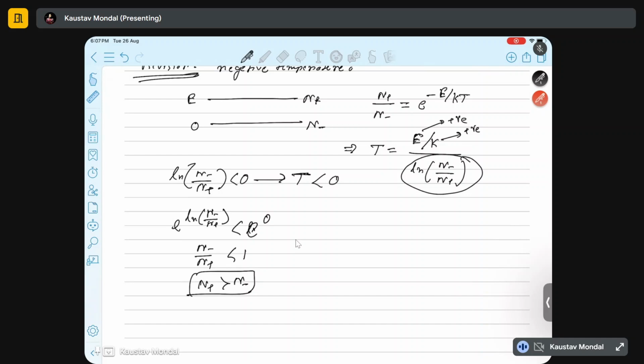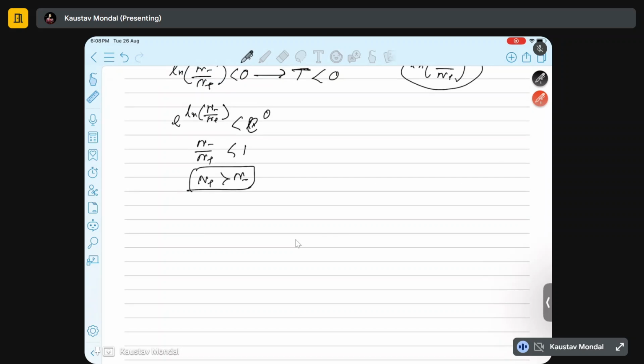Okay, so based upon that, we have done some mathematical problems where we subjected a system of particles to a negative temperature, and we found out how the particles are distributed, like the fraction of particles in the higher energy state and the fraction in the lower energy state.